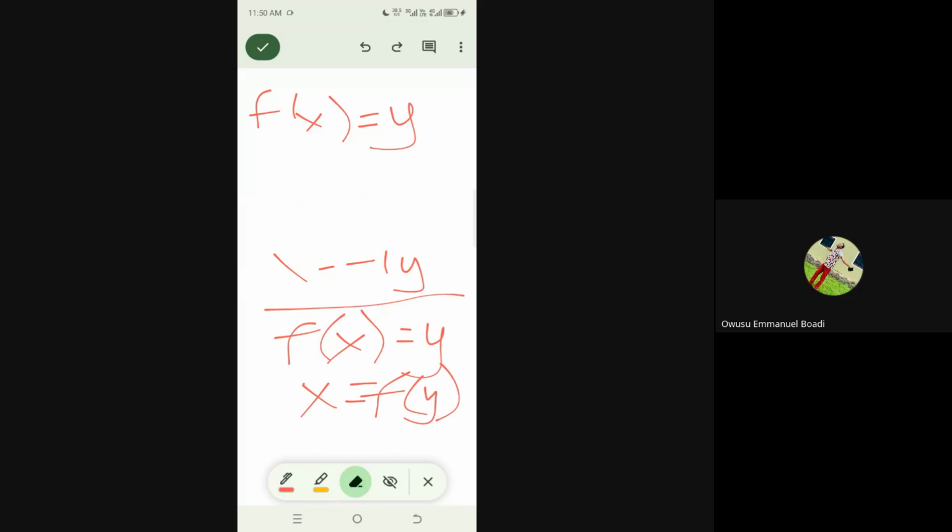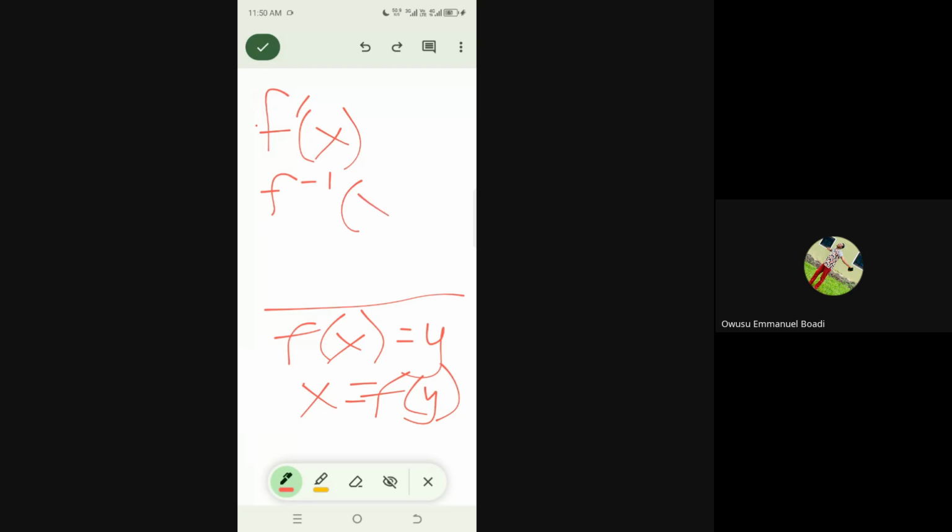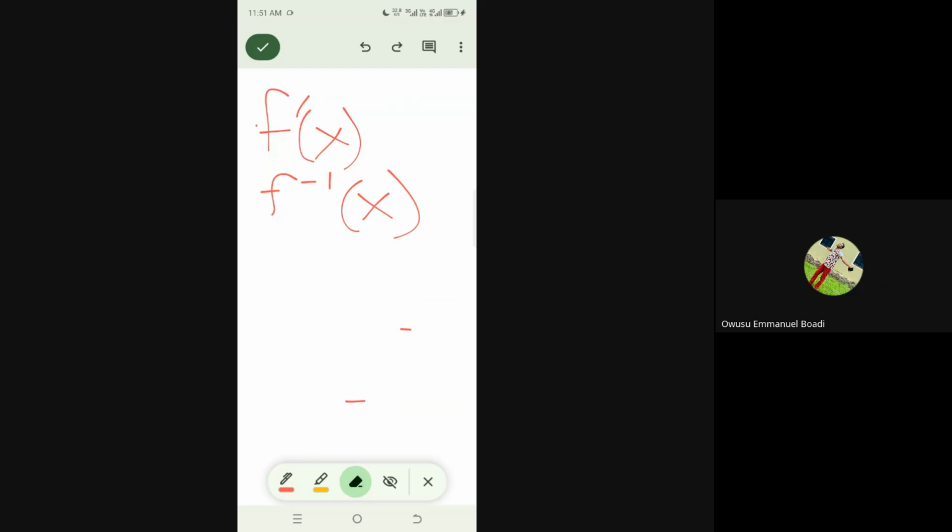So if you have a function f of x, the inverse you can write as f inverse of x. That is all that we are trying to see. Let me use the domain, codomain illustration. We have x and y, and the rule of the mapping is f.